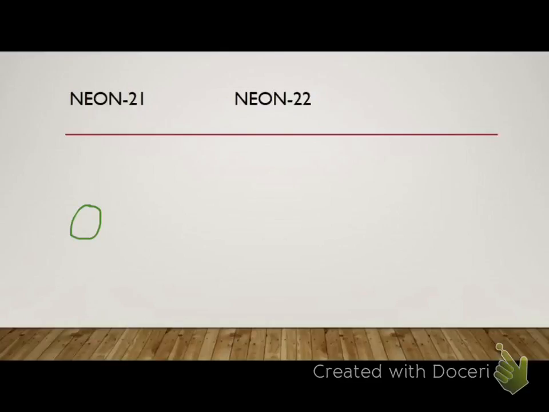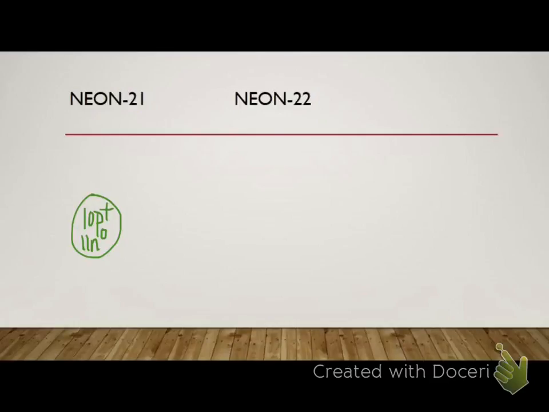How many protons are in my nucleus? 10. So I'm going to say 10 protons. Let me write that bigger so you can see it better. I didn't write it very big. So 10 protons. And how many neutrons would be in there? 11 neutrons. So then I'm going to put my energy levels around there.